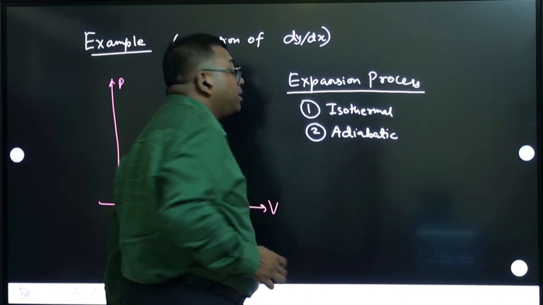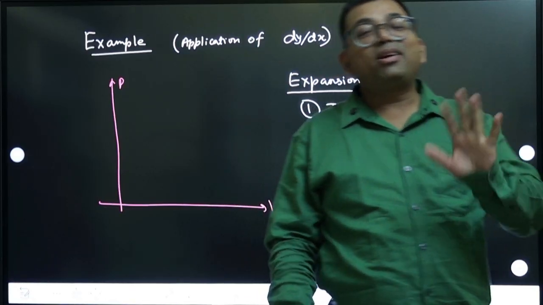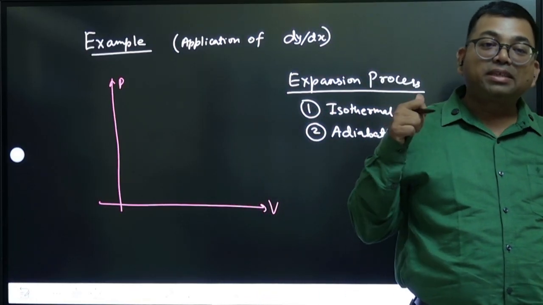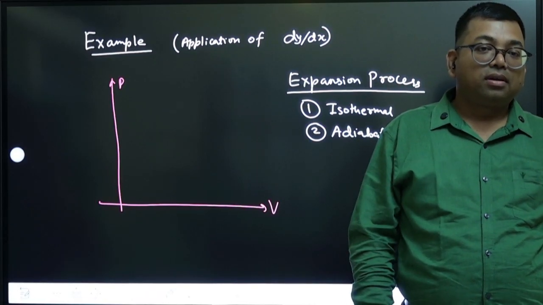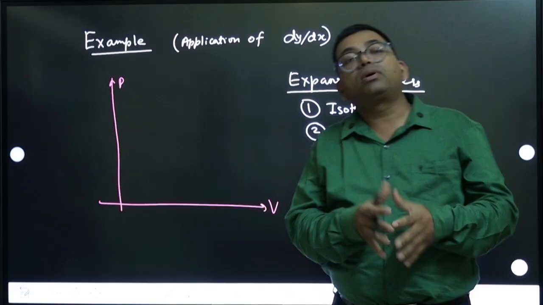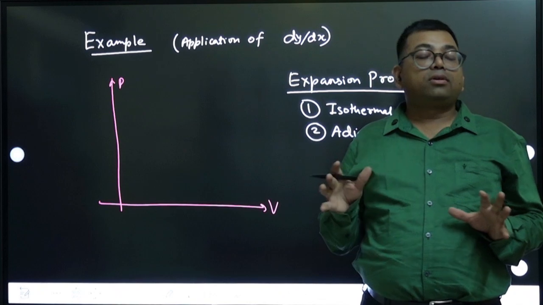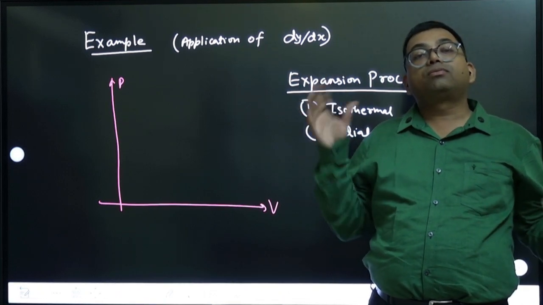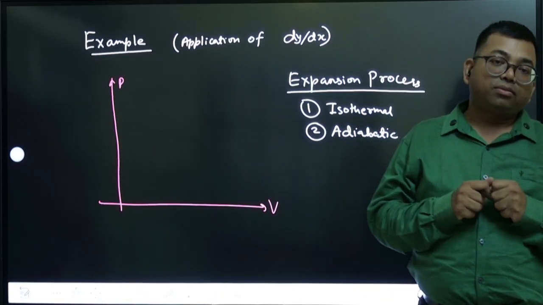You may ask me, how did we jump to this topic? We have not jumped to this topic. I am explaining the application of dy by dx. And even if you are a grade 11 student, you will be able to understand this, because I am not going into the technical things of what is pressure, volume and all that. So it is a very basic thing we are discussing.